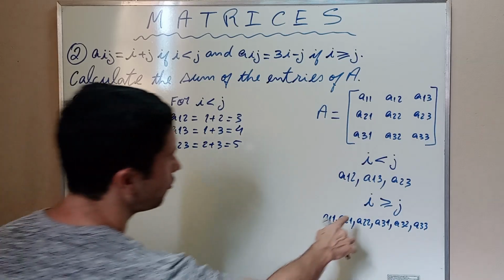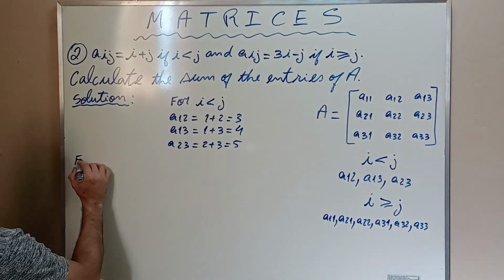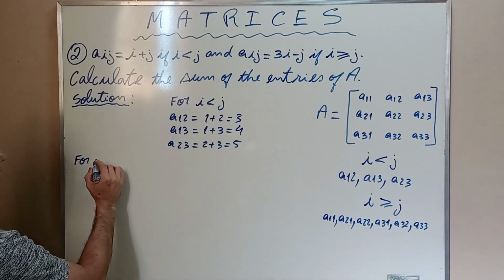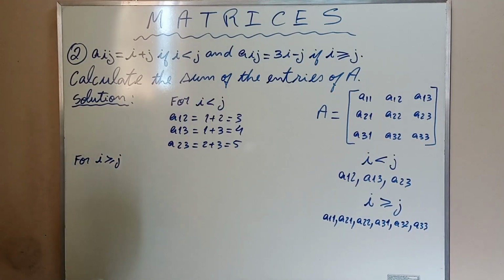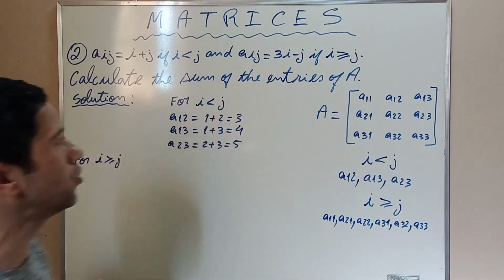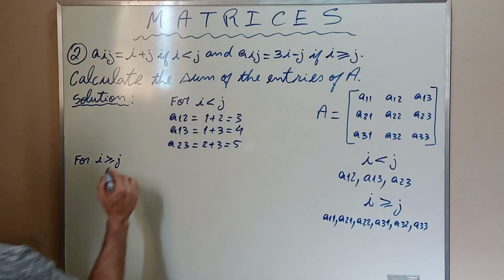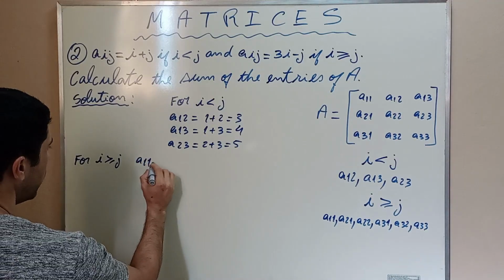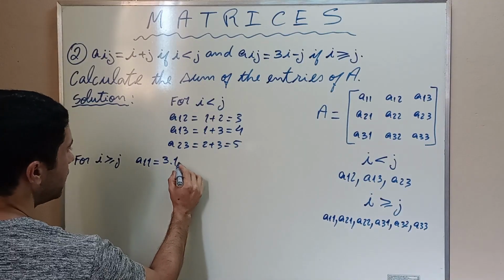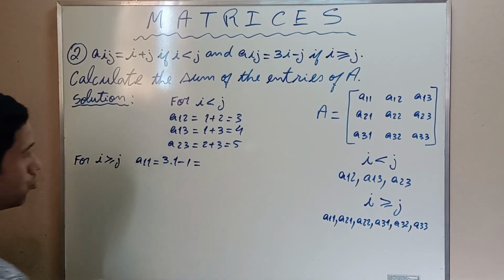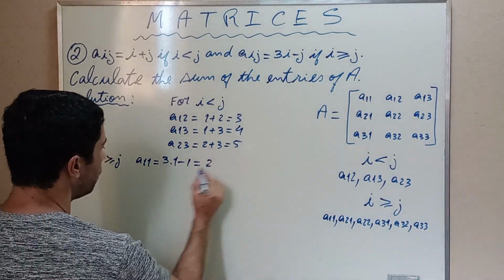Now for entries in which i is greater than or equal to j. The rule of formation is this, Aij is equal to 3i minus j. The first one is A11, and this is equal to 3 times 1 minus 1, and this is equal to 3 minus 1 is 2.